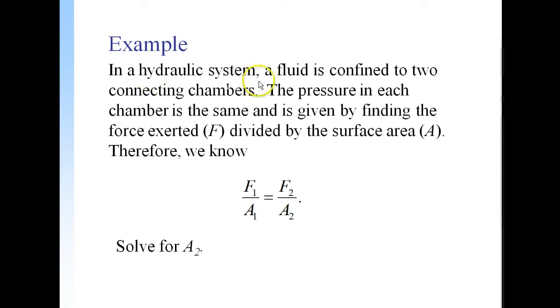So in a hydraulic system, a fluid is confined to two connecting chambers. The pressure in each chamber is the same and is given by finding the force exerted, F, divided by the surface area. Therefore, we know we could set it up as a proportion. So we want to solve for A sub 2, this one.